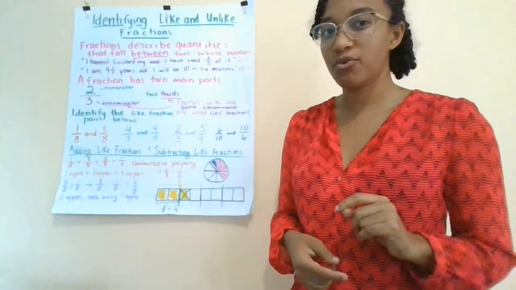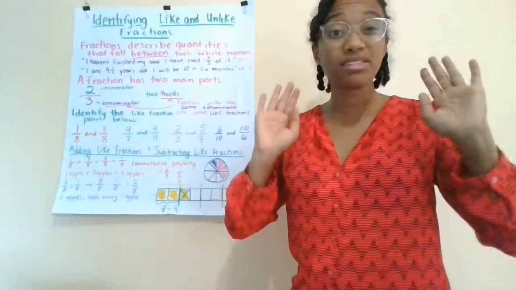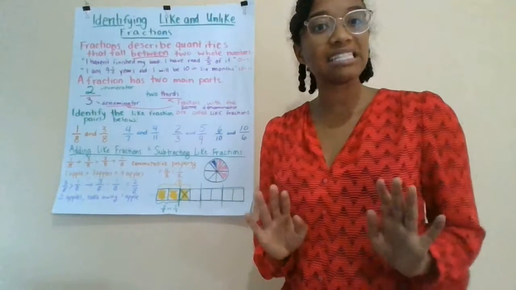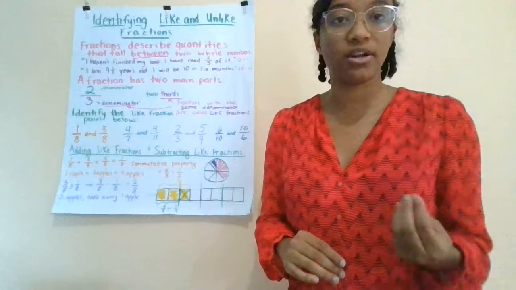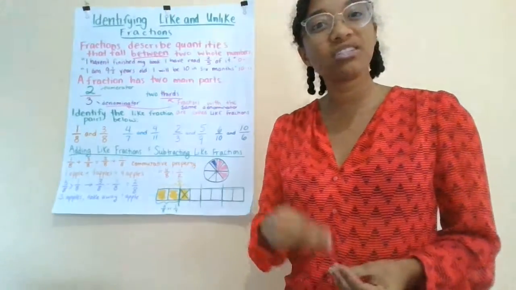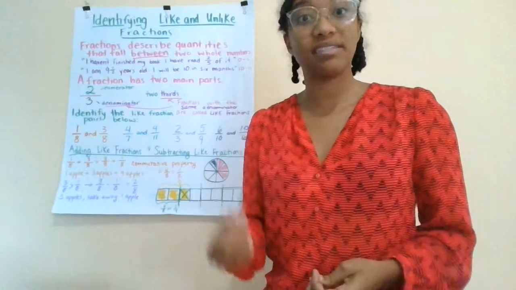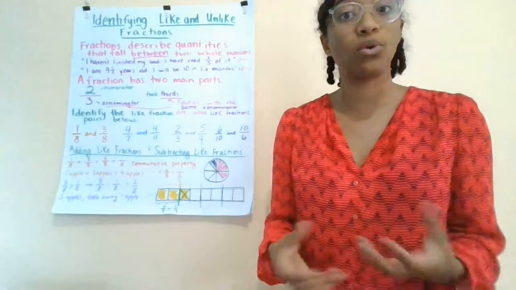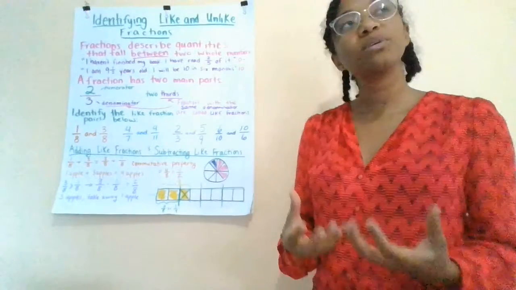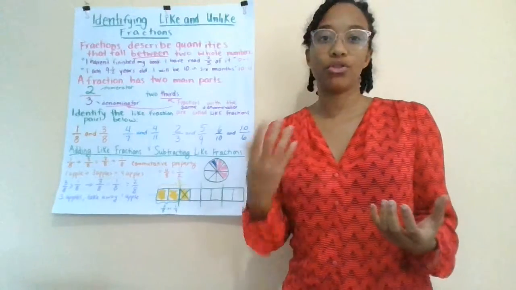But remember what I said before. In subtraction, those numbers have to freeze in place. So we need to decide which fraction is going to be the minuend, or the first number in a subtraction problem, and which fraction is going to be our subtrahend, or the second fraction in a subtraction problem. To do that, we need to figure out which one is greater. Which one's greater, 1/8 or 3/8?